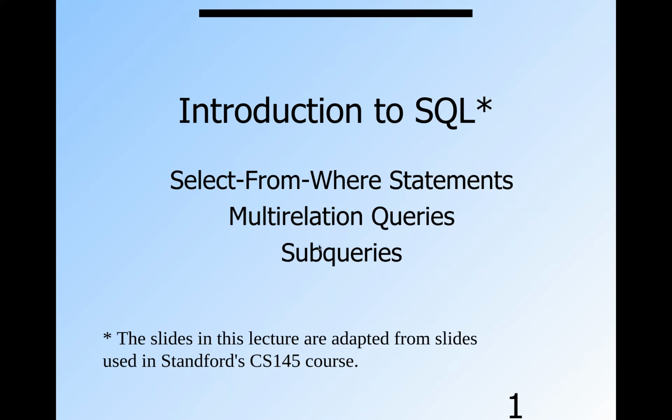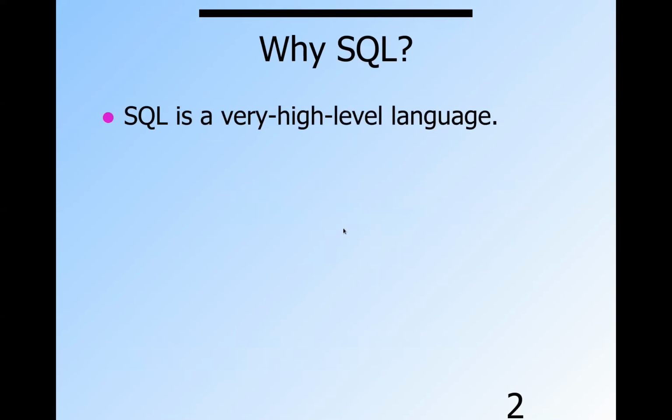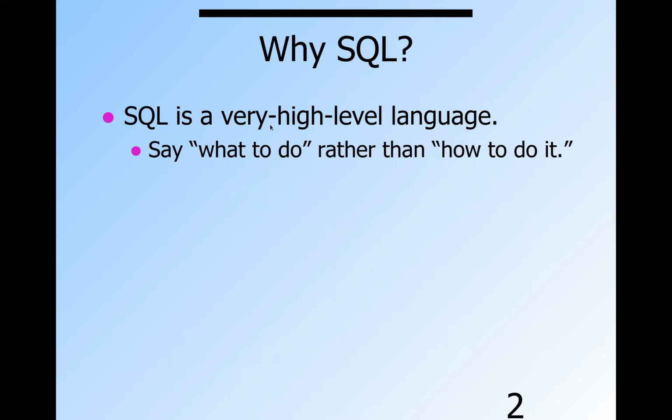Why SQL? Let's go through a little bit of what SQL is about here. It's a very high level language. Remember that the basic thing was that tuple calculus declares what you want, while relational algebra says how you do it: how you apply the operations to relations and yield a relation that has your answer within it.